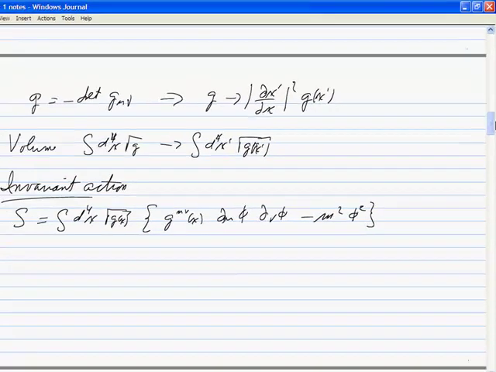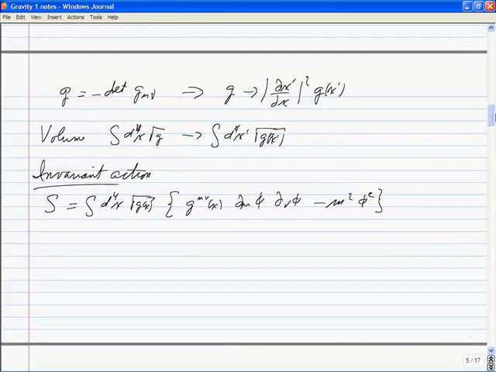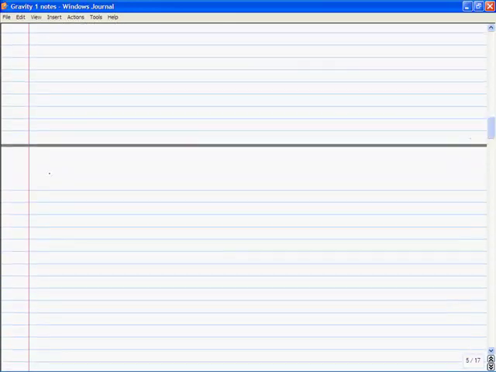Okay, so that's the usual promotion of the metric to a field. At this stage, I want to introduce the vierbein, V A mu.